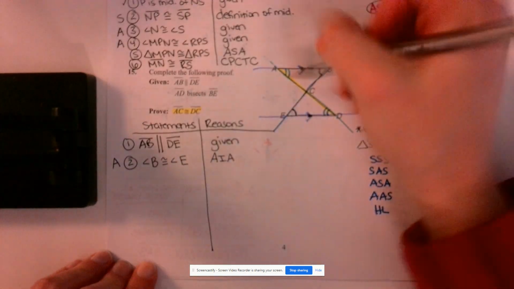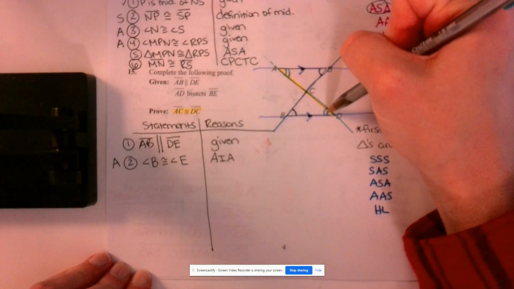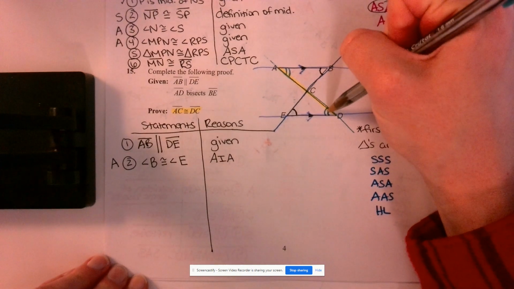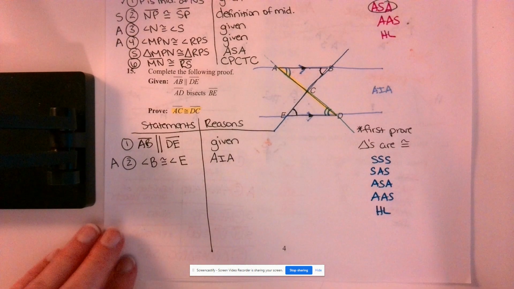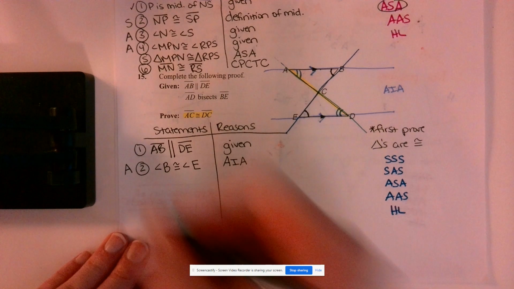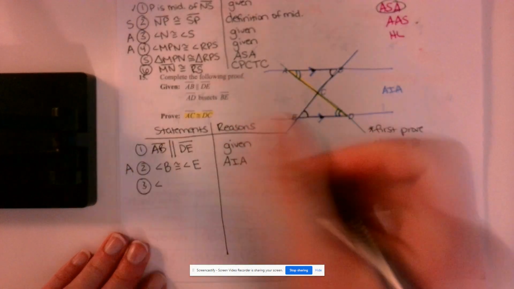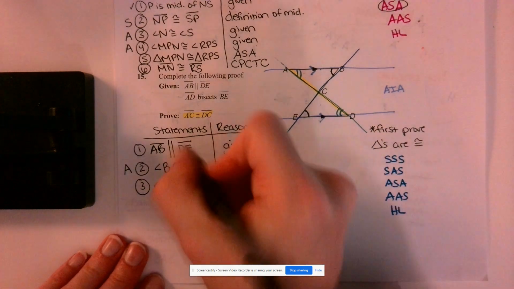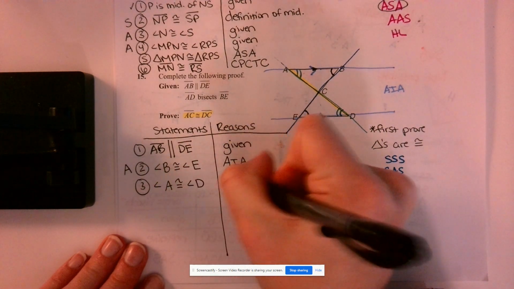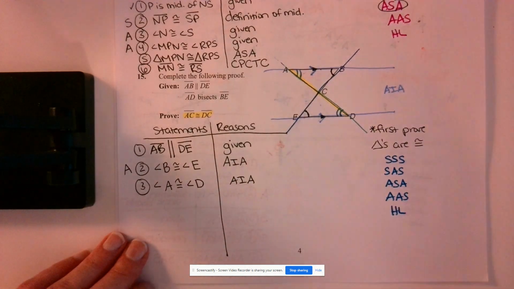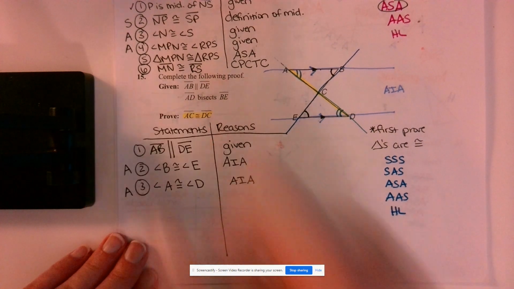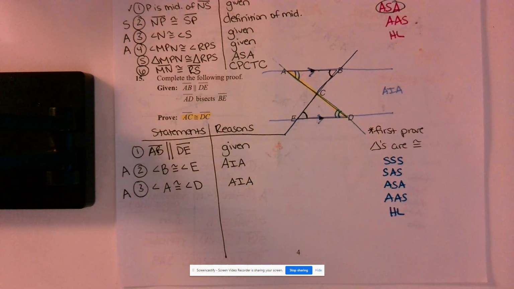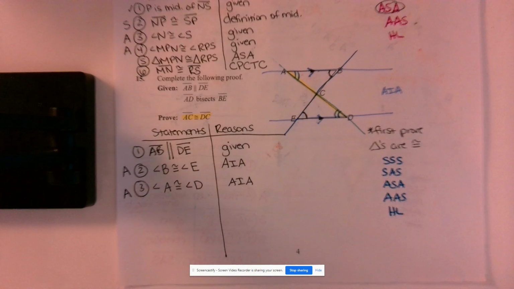So again, these two angles are congruent because they are alternate interior angles on parallel lines. Let's go ahead and add that in our proof. Angle A is congruent to angle D because they are alternate interior angles. That allows us to get a second pair of congruent angles.